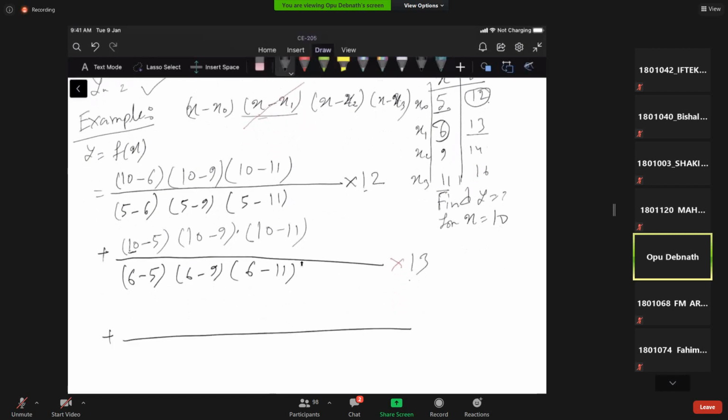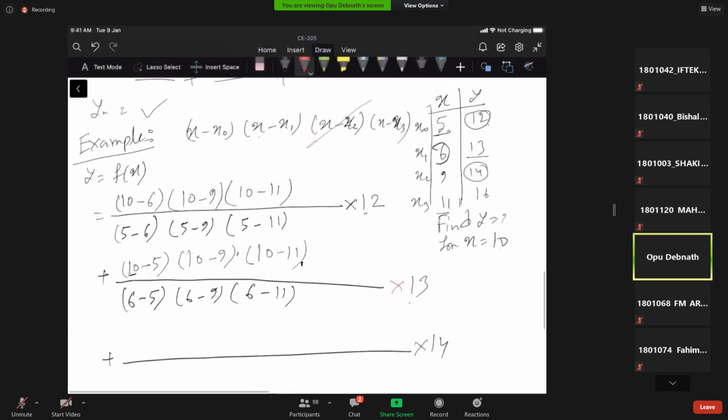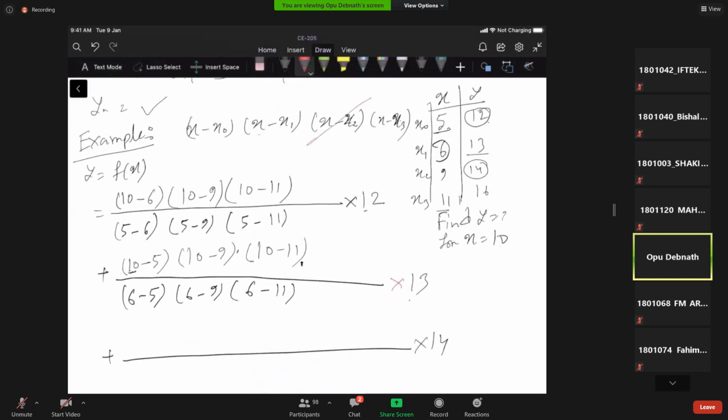Plus another term. This one is for 14. So in this case we will not use the x2 value. Here x is 10.